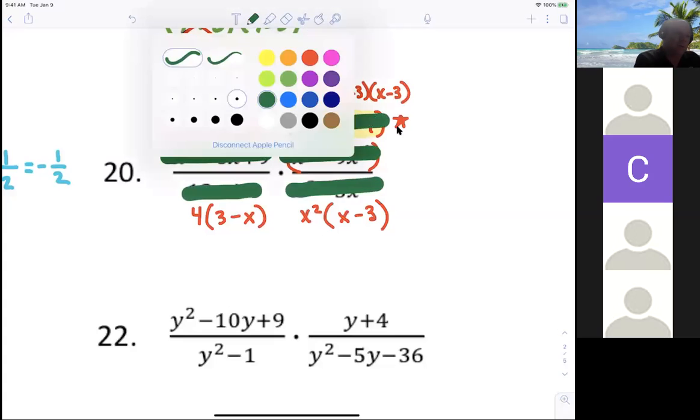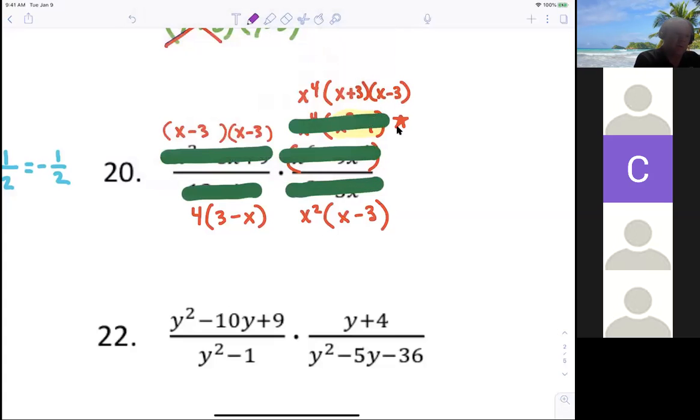Now I'm going to write the fraction. First thing I'm looking at is x to the 4th over x squared. That leaves me with x squared on the top. There's a 4 here, so that goes on the bottom. You've got to be real careful, okay? X minus 3, x minus 3.